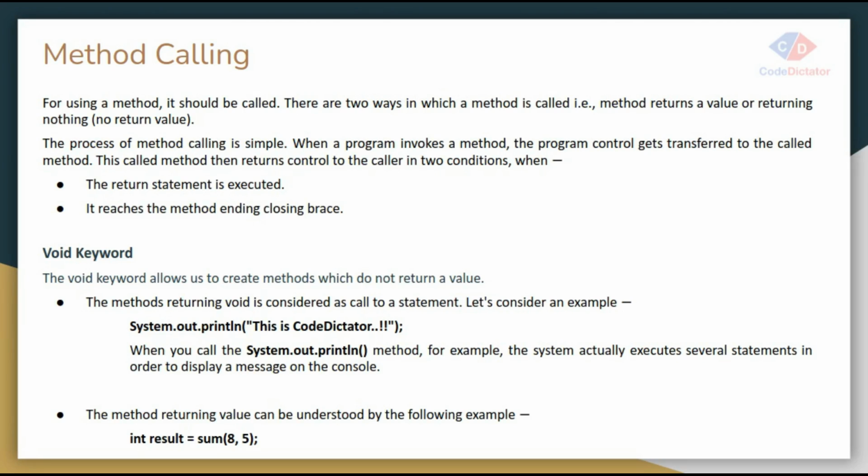When the called method returns control to the calling method, there are two conditions. First, whenever the method encounters the return statement, it will return some value or nothing, and the control of execution goes back to the calling method. Or, whenever it reaches the end of the closing brace, it automatically terminates the execution of that method and returns the control to the calling method.